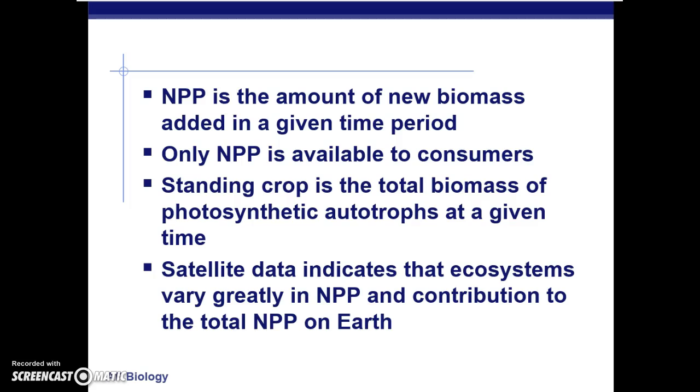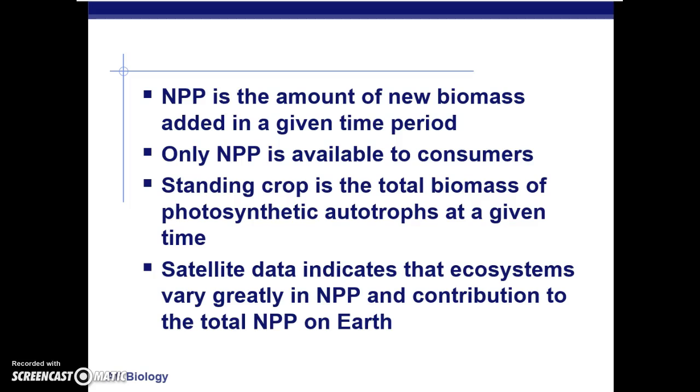And the definition of a standing crop is the total biomass of the photosynthetic autotrophs at a given time. So it's not the new biomass that's being added. Standing crop is actually the total biomass.